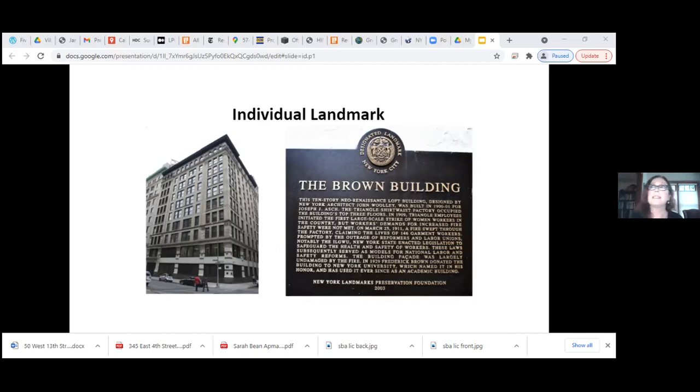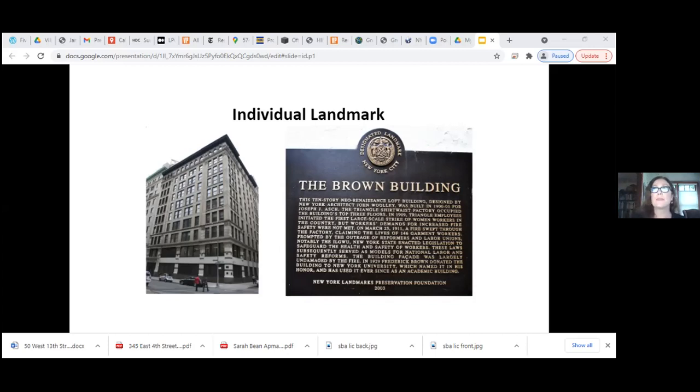As seen in the designation report for the building, its significance, again, the idea of writing an RFE is making a case for the significance, lies in its place in labor, New York City, and US history as the site of the tragic event of the fire in which 146 workers died due to locked doors and inadequate fire escapes.